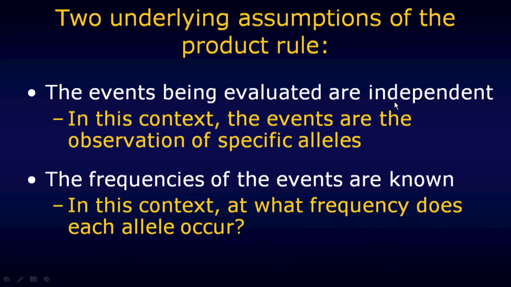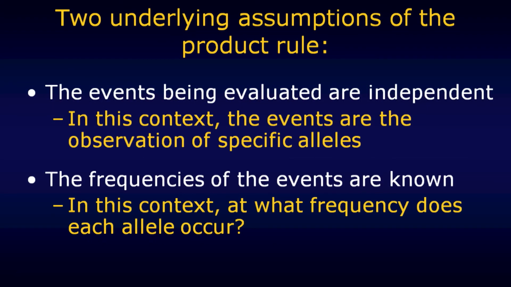Now let me put this to you plainly. What that means is that because we see the 12 allele at the D8 locus, we're not any more or less likely to see some other allele at that locus. In other words, just because you have a 12 doesn't mean you can't have a 14, or just because you have a 12 doesn't mean you have to have a 15. They need to be independent.